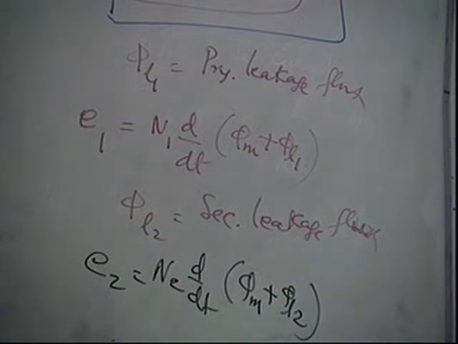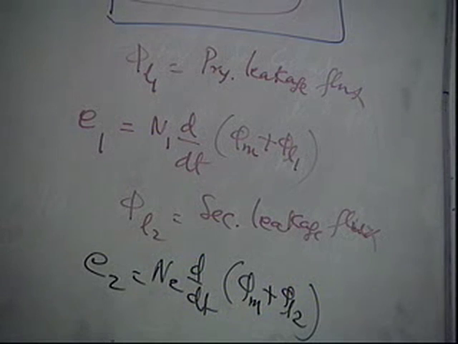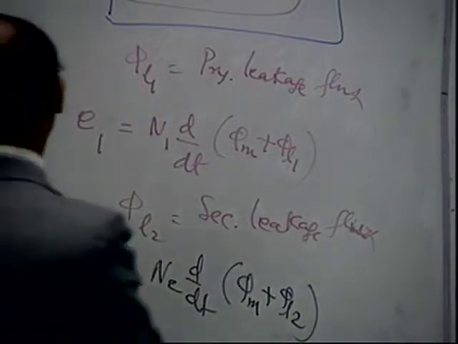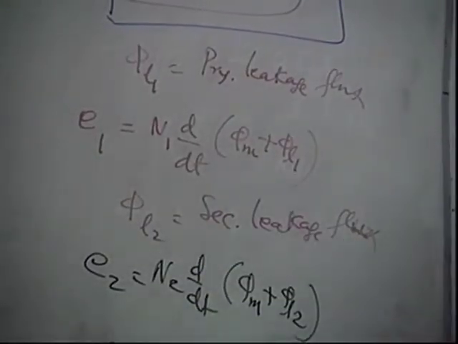We assume that all the leakage fluxes are cumulative. So how do you account for this in our calculations?